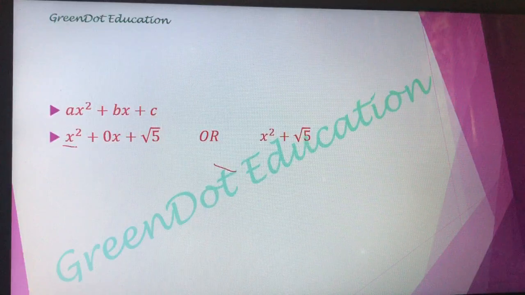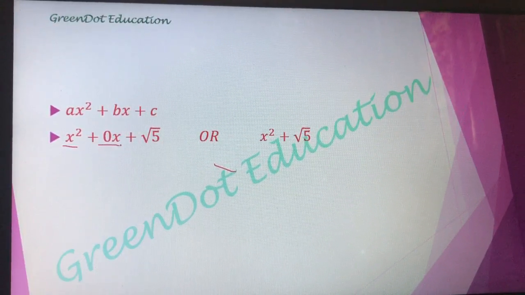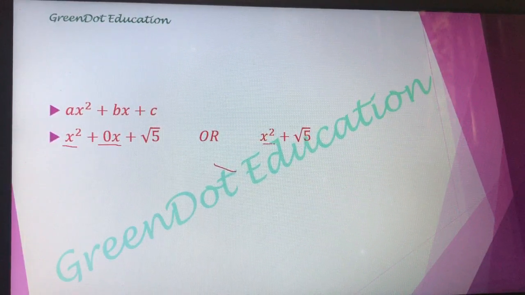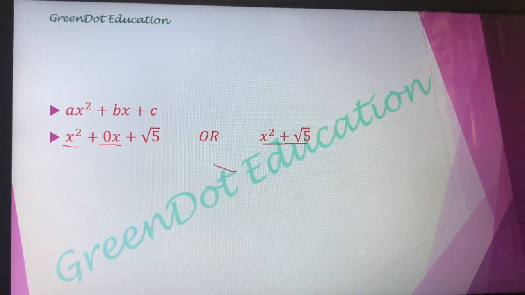So we get x square plus 0x plus root 5. We can write this polynomial in this form also because the term 0x becomes 0. So the polynomial will be of the form x square plus square root of 5.